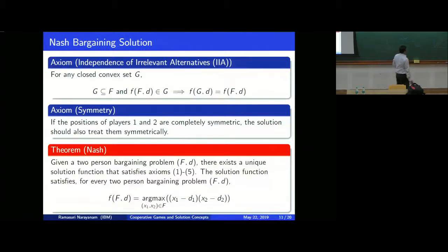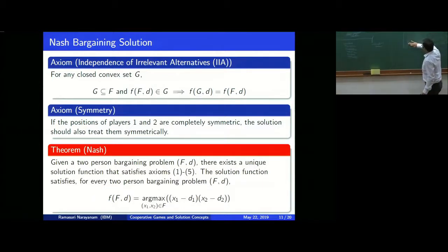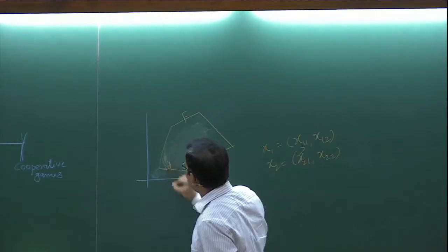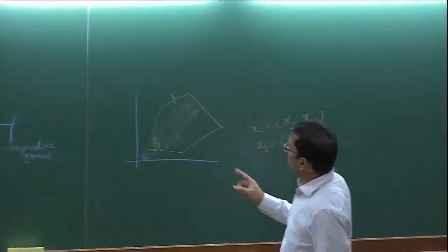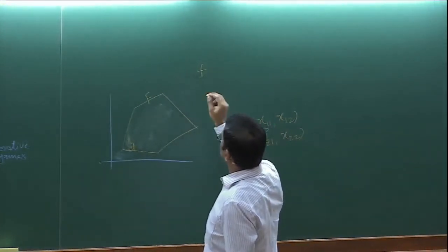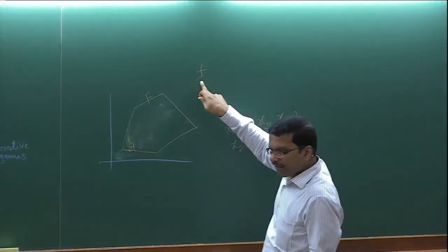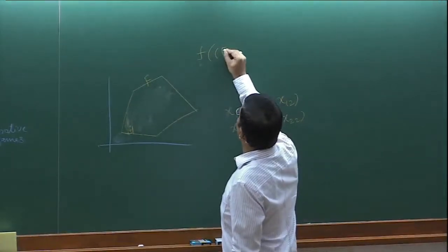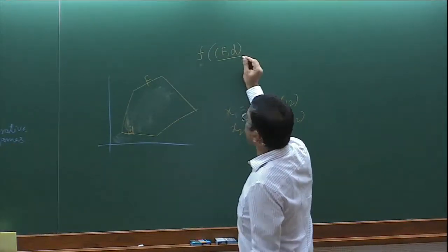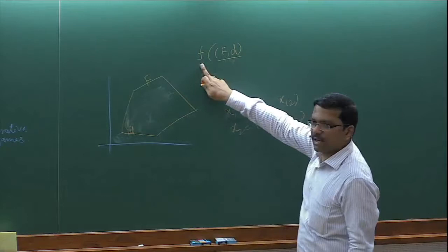What you do is, suppose this is your F, okay? And this being your disagreement point. Now your bargaining solution, which is this small function f. This is the bargaining problem instance, and this is the bargaining solution.